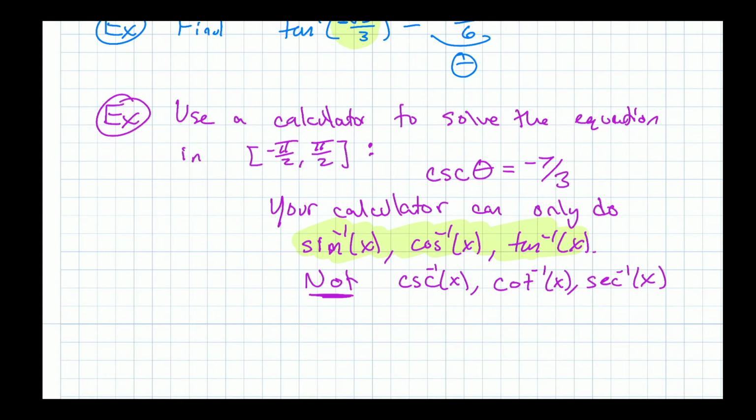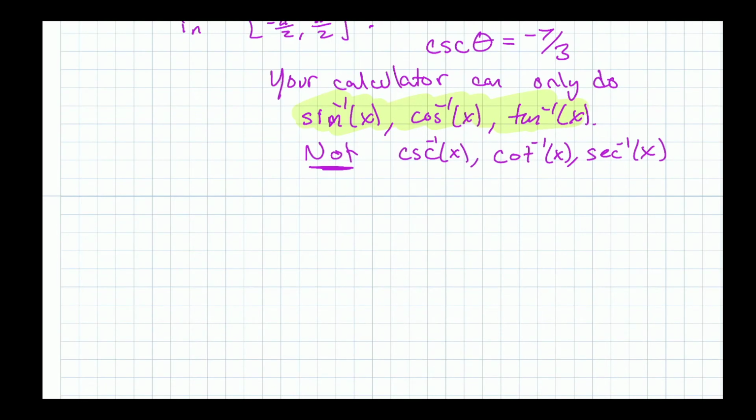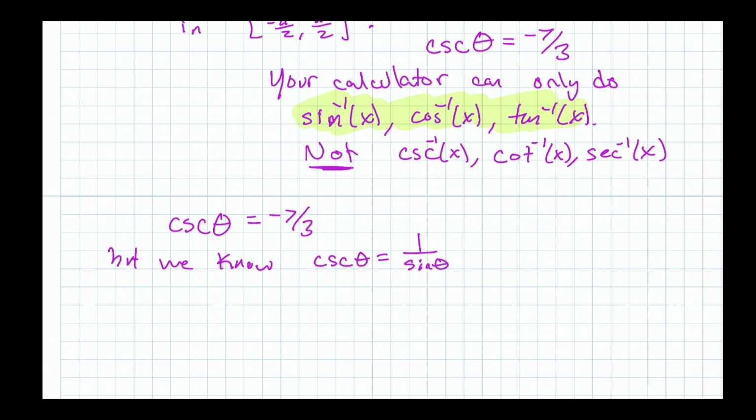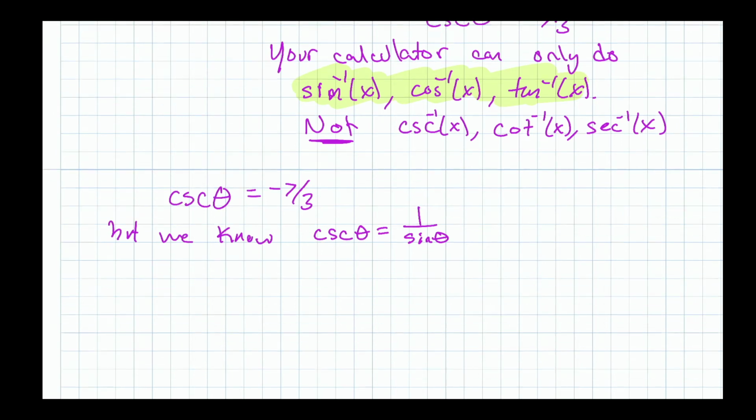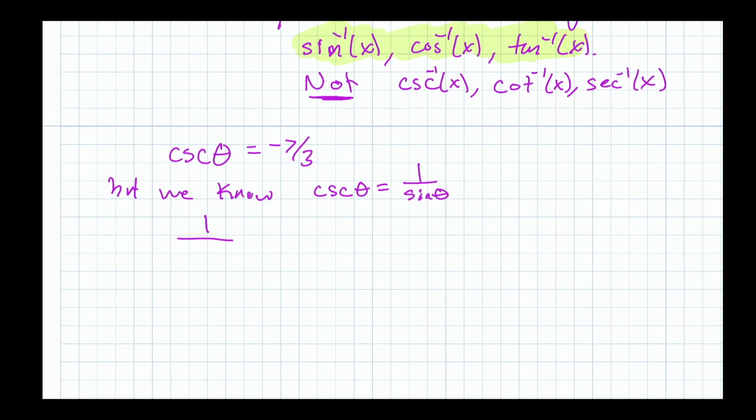So what they want you to do is they want you to say, well, cosecant theta is -7/3. But we know that cosecant theta is actually 1/sine theta. Right? That's a basic definition. So 1/sine theta is actually -7/3.